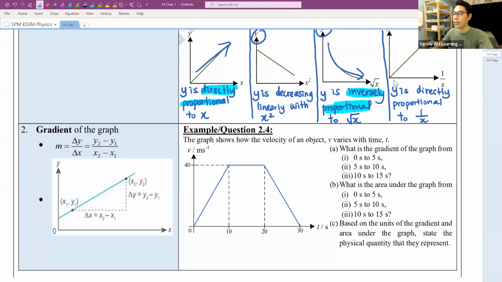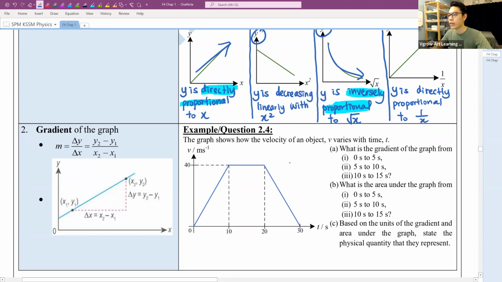So in this question, it says that the graph shows how the velocity of an object varies with time. Remember I told you that velocity is one of the terms that you will learn more in detail in the next chapter. So for now, you just think of velocity like your speed.